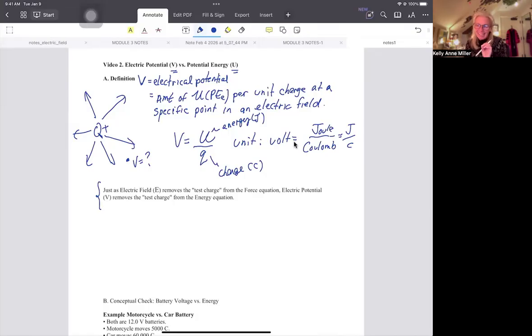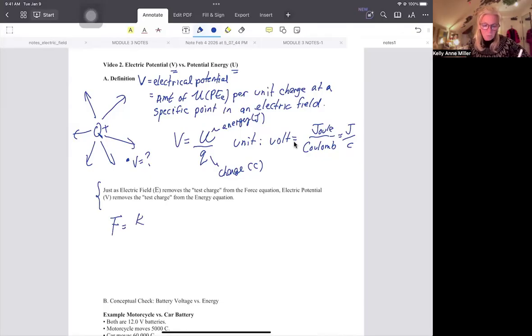This is the way I think about this. Just as the electric field removes the test charge from the force equation, so too does the potential remove the test charge from the electric energy formula. The two things are similar; they can be thought of in the same terms.